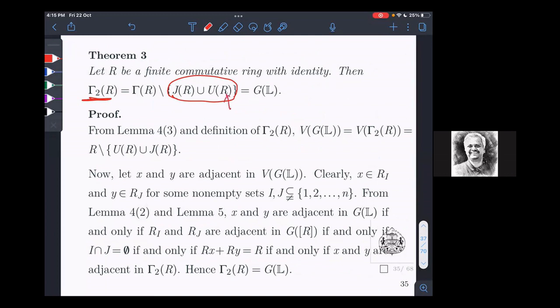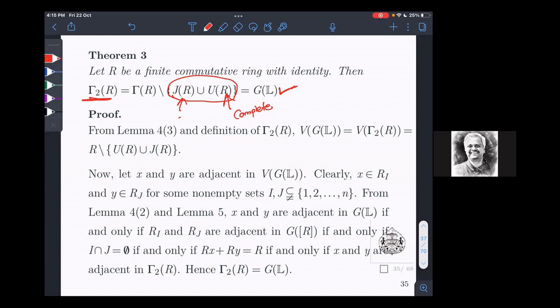So this constitutes a complete graph, because any two units are adjacent. And any two elements from the other set won't be adjacent; they will form an independent set. So gamma 2 R, the co-maximal graph, is nothing but the zero divisor graph of this lattice L.